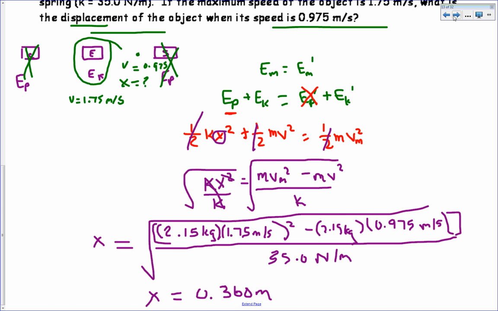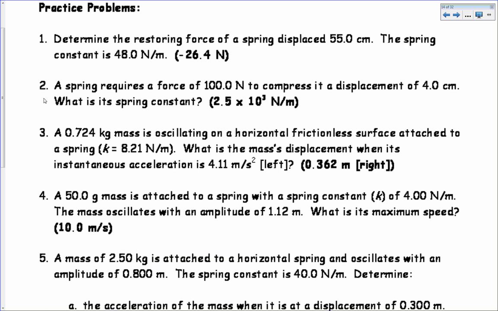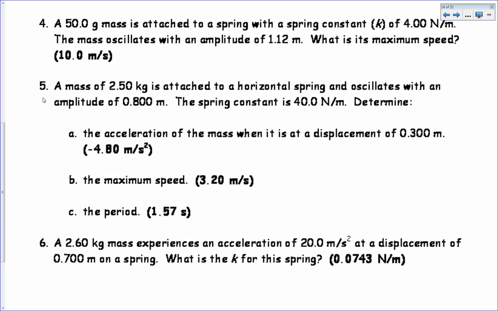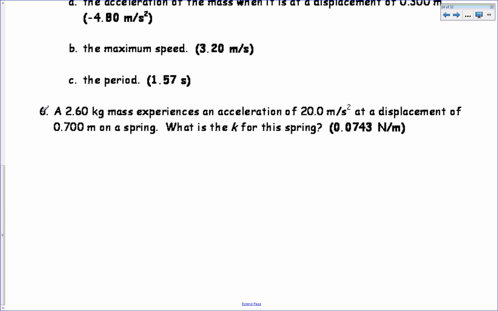Okay, so if you haven't done so already, there are some practice problems here on page 14 to try. There are also a few workbook questions. There weren't many. There were only 3 in your workbook to try.